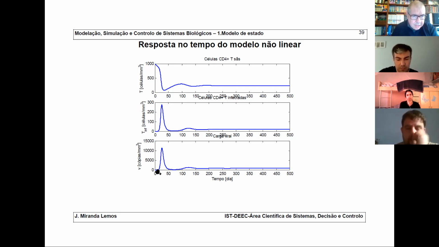The number of virus copies grows very fast and then decreases. The number of healthy cells decreases, and the infected cells also go up very fast and then decrease. So during this period, about 3 weeks, the infected person is like having a flu, or influenza, with some fever.